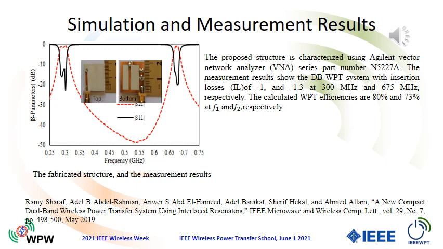The measurement results show the dual-band wireless power transfer system with insertion loss of -1 and -1.3 dB at 300 and 675 MHz respectively. The calculated wireless power transfer efficiencies are 80 and 73% at frequencies F1 and F2 respectively.